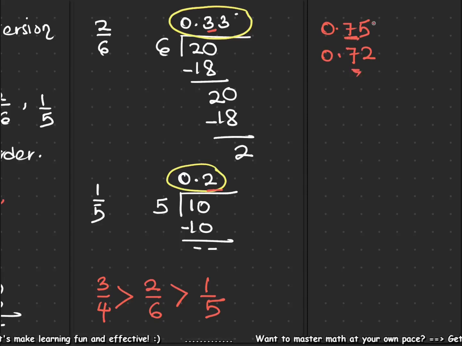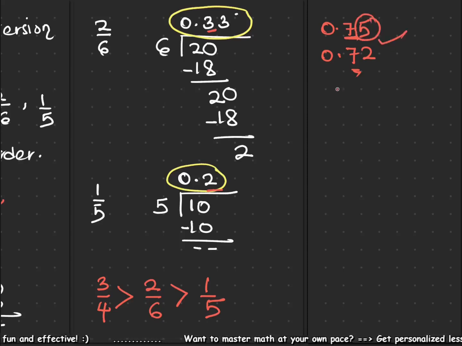So you go to the next one, which is 5 and 2. Which is bigger? 5 is bigger. Hence, this decimal representation is bigger than this one. So basically, this is how we arrange fractions and compare them as well. Our first method was the common denominator, and this other one is the decimal conversion method.